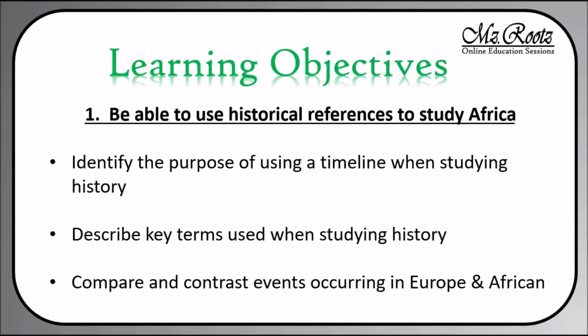The three learning objectives that we are going to be covering in this session are the ability to identify the purpose of using a timeline when studying history. By the end of the session, you'll also be able to describe the key terms used when studying history. And finally, you will be able to compare and contrast events occurring in Europe and Africa.